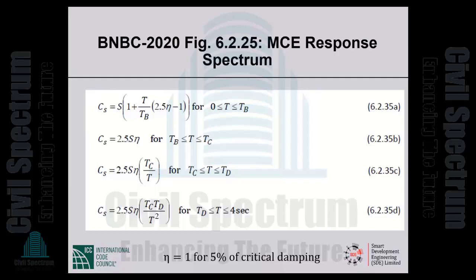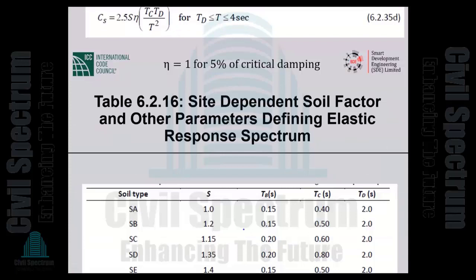In BNBC, they have given you an option to use something other than 5% of critical damping. That's what the eta factor is. I will not go into that because it is rarely that we use something other than 5% of critical damping. And eta is equal to 1 for 5% of critical damping. So in all subsequent discussions, I will use eta equal to 1.